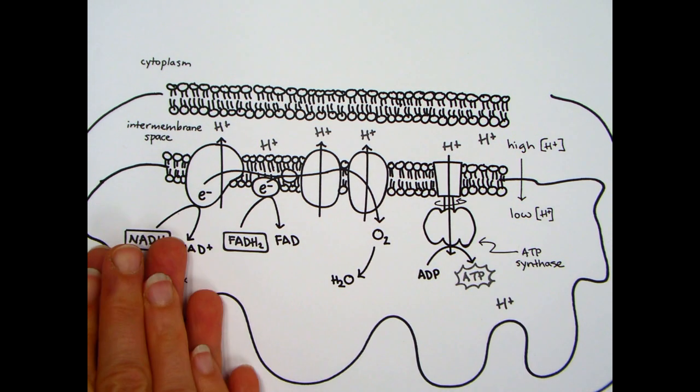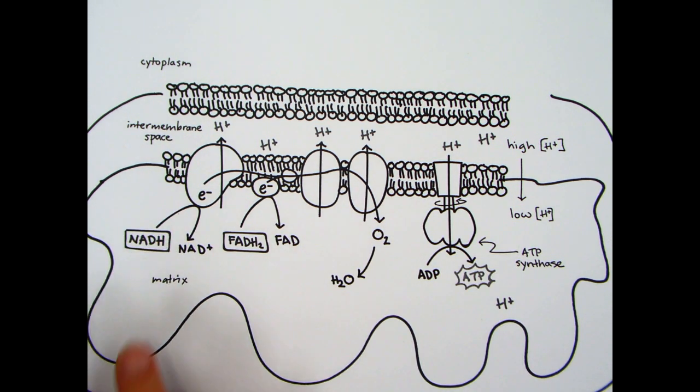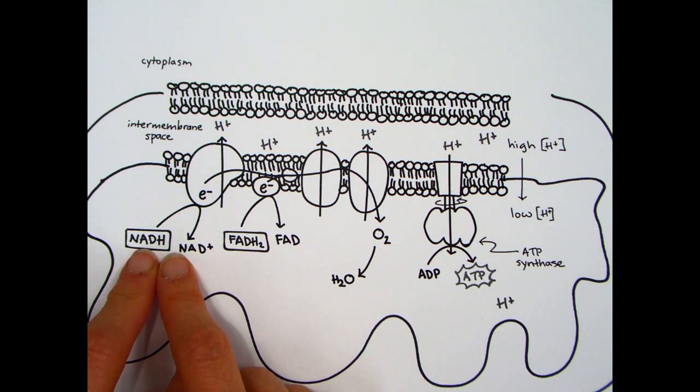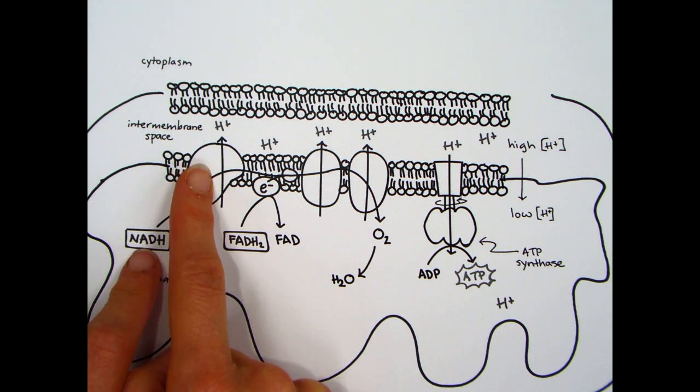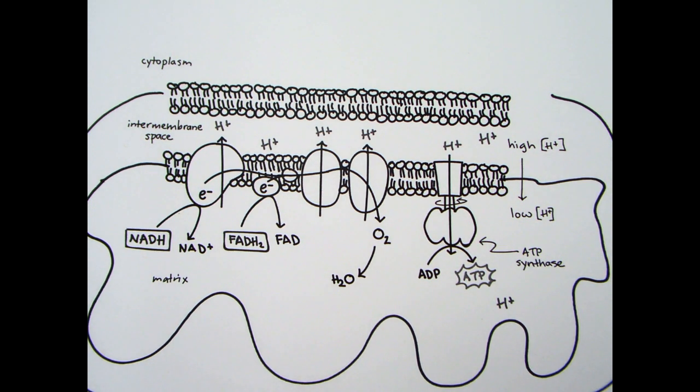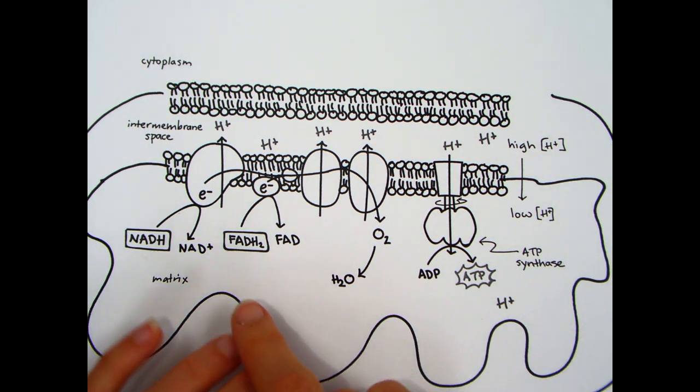So the sooner in the process that an electron carrier enters, the more energy will be available from those electrons. So NADH comes in at complex 1, and so it releases enough energy to form 3 ATPs. Again, this is mitochondrial NADH. Cytoplasmic NADH only releases enough energy for 2 ATPs because it takes some effort to get into the mitochondrion.